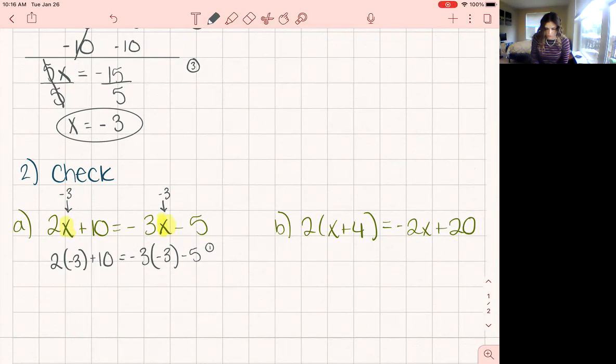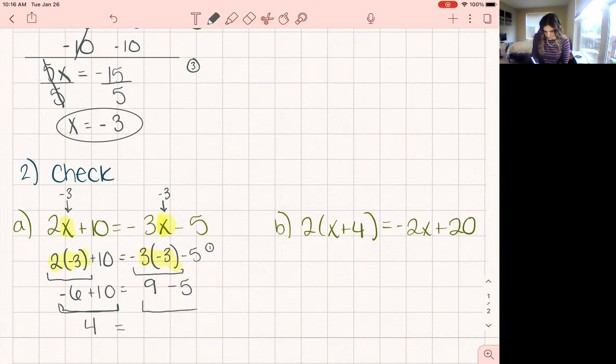Step 2 is doing the math. So I'm going to multiply on both sides. So 2 times negative 3, negative 6 plus 10 equals negative 3 times negative 3 is positive 9 minus 5. Now I do this step here. Negative 6 plus 10 is going to give me a positive 4.